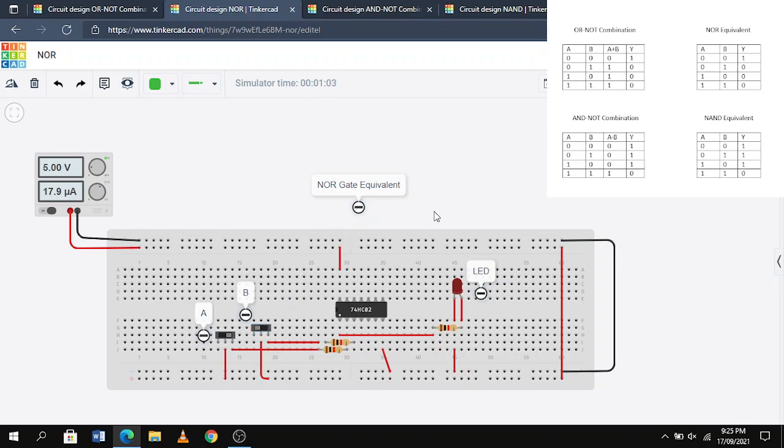It is because both A and B must be not true, or at logic 0, so that the output will be at logic 1. So it doesn't contain both inputs that are not true, so the output is at logic 0. It won't turn on.